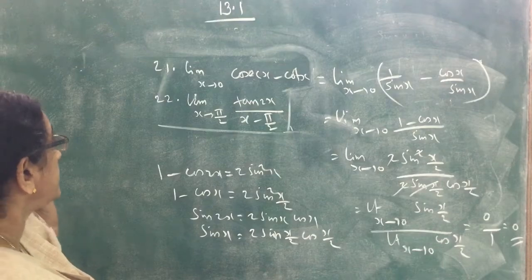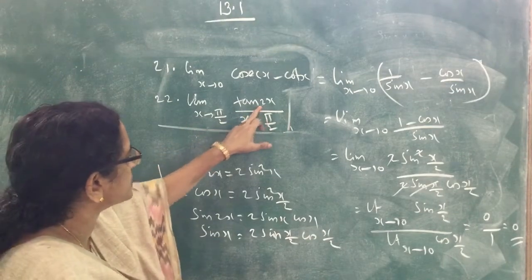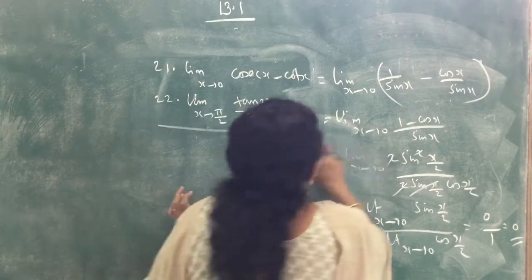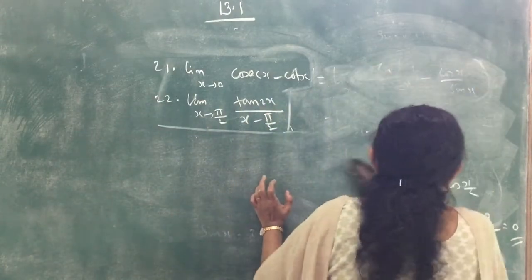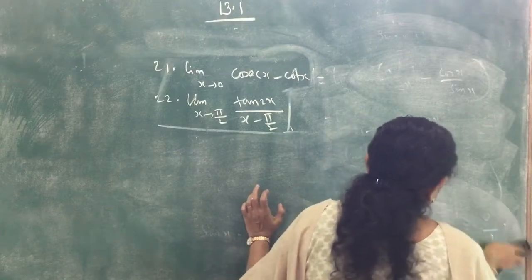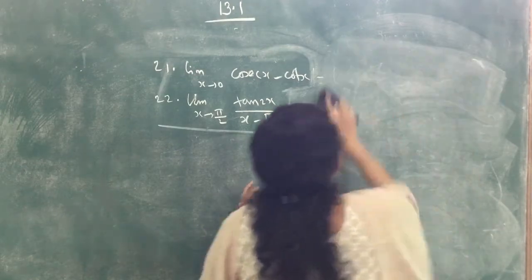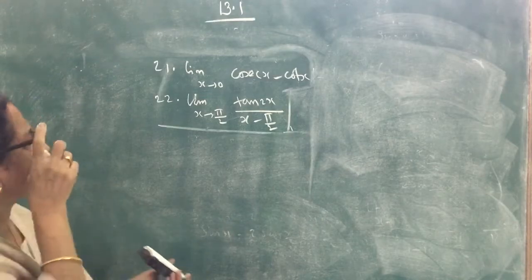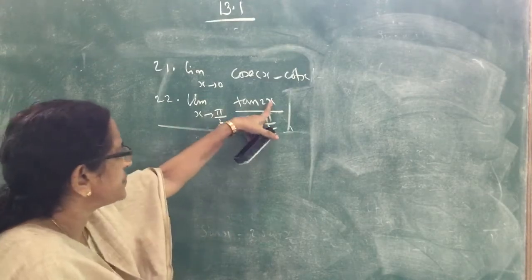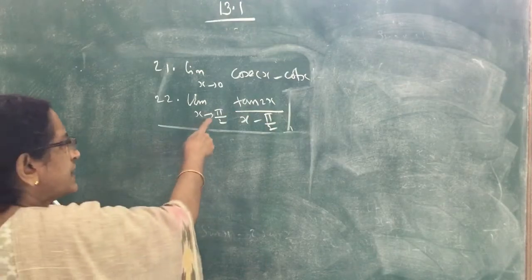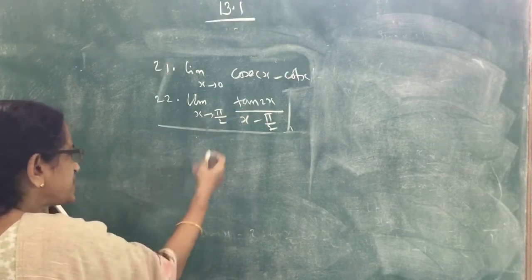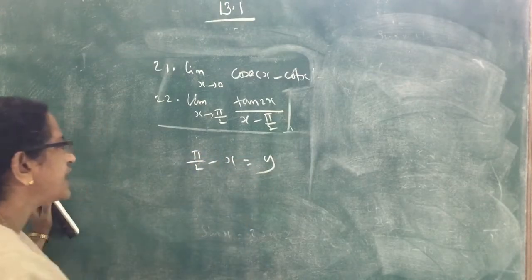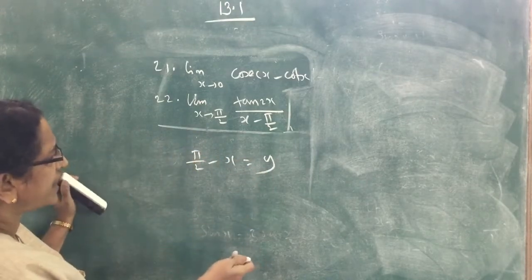Now the next one: limit x tends to pi by 2, tan 2x divided by x minus pi by 2. Here we have to change the variable. When we substitute, we get 0 by 0 form. So we change the variable using pi by 2 minus x as y.